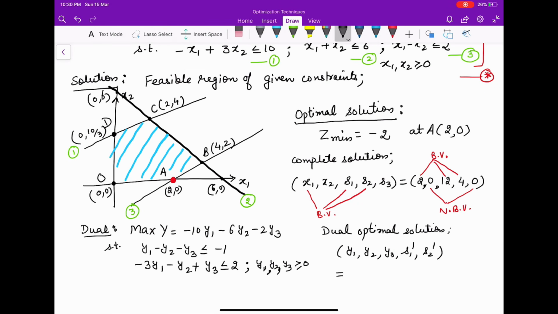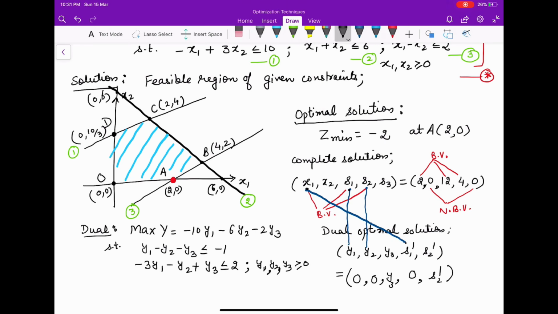So from here, if x1 is a basic variable, that means my corresponding s1 dash is 0. Because S1 is a basic variable and S2 is a basic variable, S1 will ensure that Y1 is 0, S2 will ensure that Y2 is 0. So Y1 is 0, Y2 is 0. If Xi's are 0, slacks are 0. If Si's are 0, then the original Yi is 0. And now I am remaining only with Y3 and S2 dash.